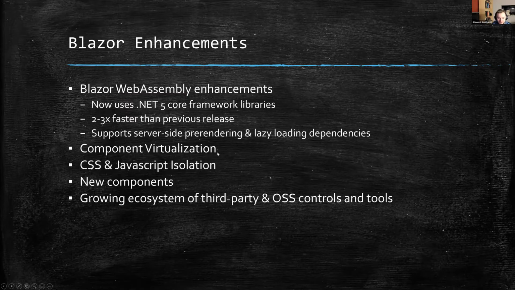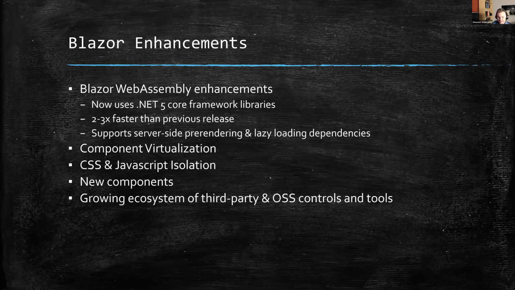It offers component virtualization. They did add a lot of new component controls, such as virtualized scrolling. So if you have a list of items, you only need to show a subset of that list, and as you scroll, it will go back to the server to fetch the next update. It also supports CSS and JavaScript isolation.